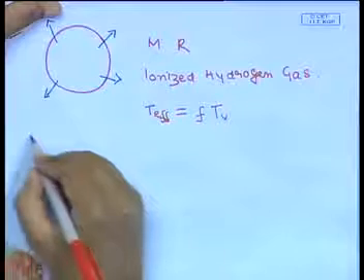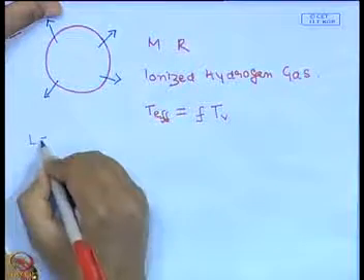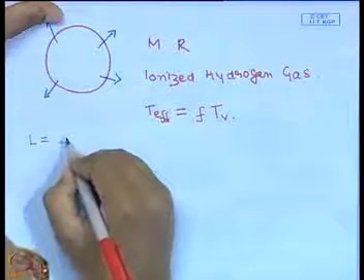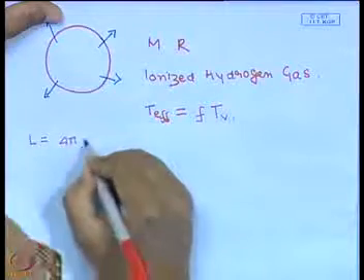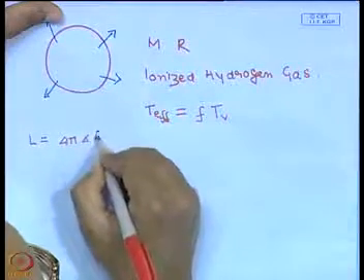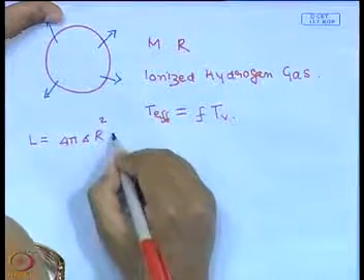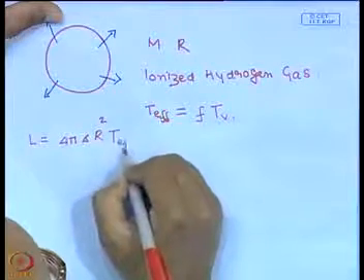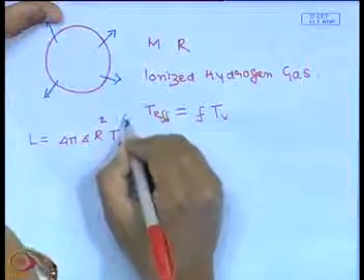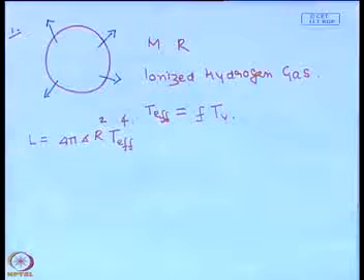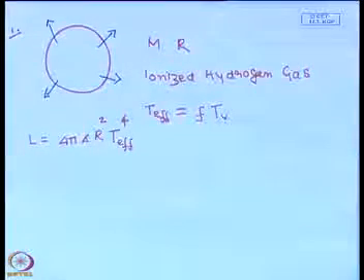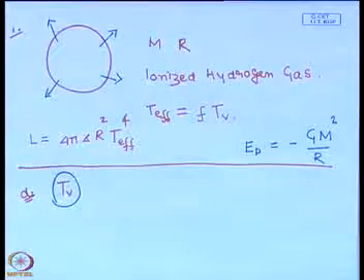So, the luminosity of this object is 4 pi sigma r square T effective to the power 4. Now, the mass and the radius of this object.